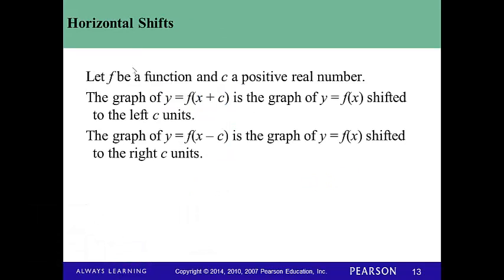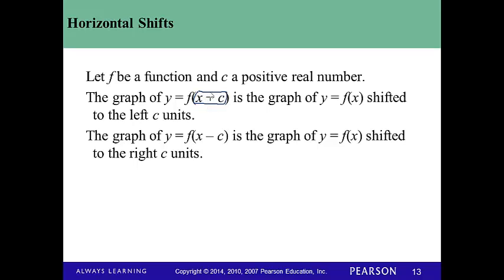Alright, now let's talk about horizontal shifts. So again, if we have f as a function and c as a positive real number, then by making a change on x, you are shifting the graph to the left or to the right depending on your change. So this is always the opposite.